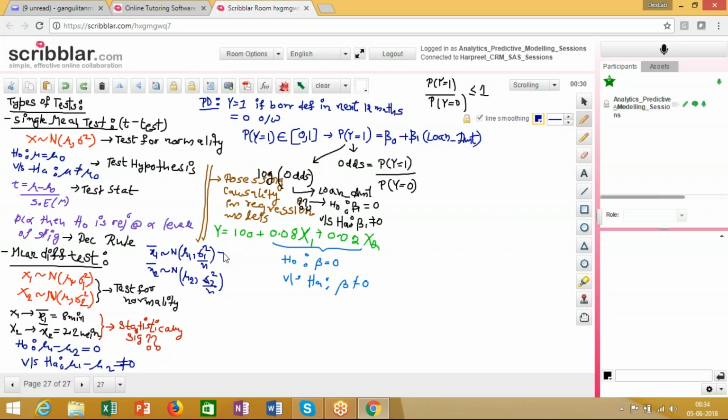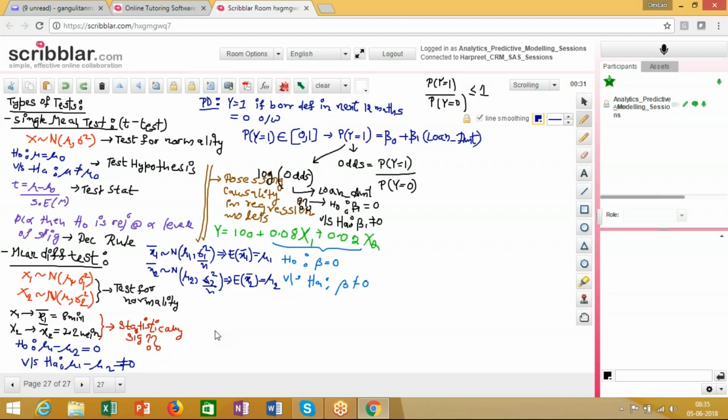Therefore, another important observation that comes from here is that the expectation of x1 bar is equal to mu1, and the expectation of x2 bar is equal to mu2.